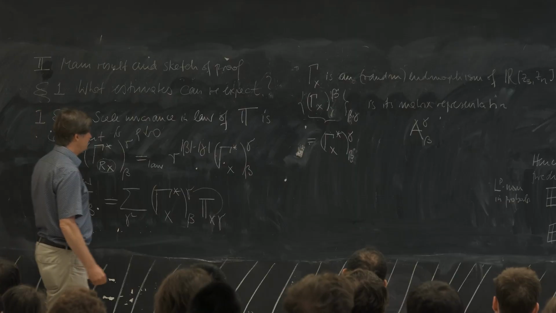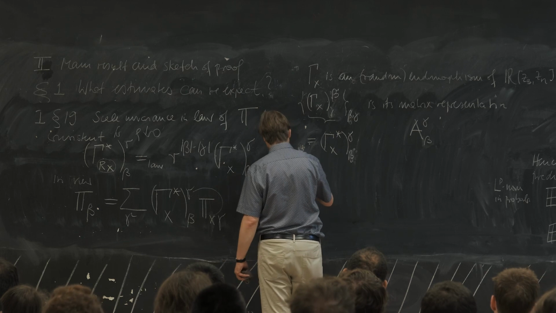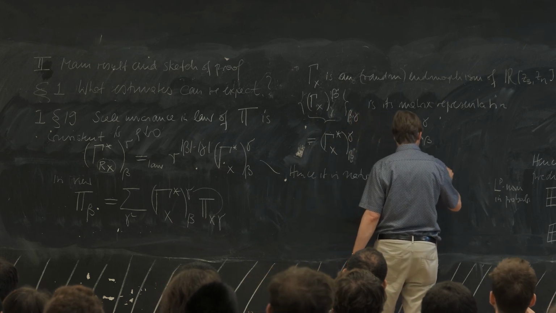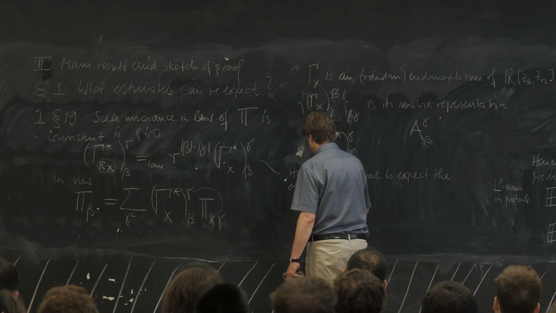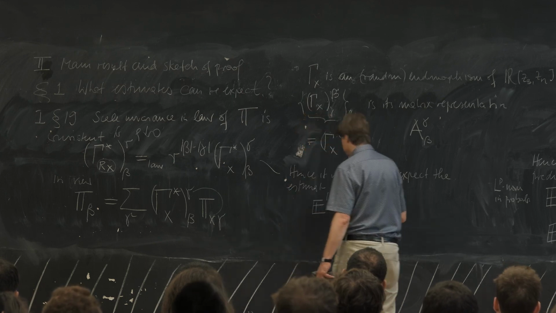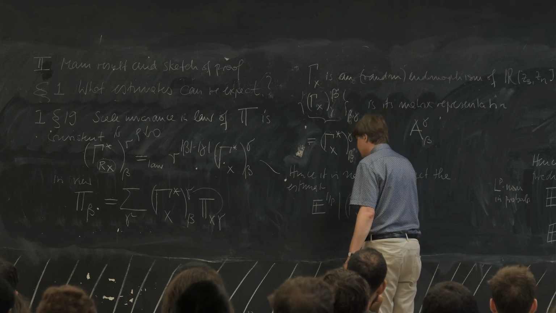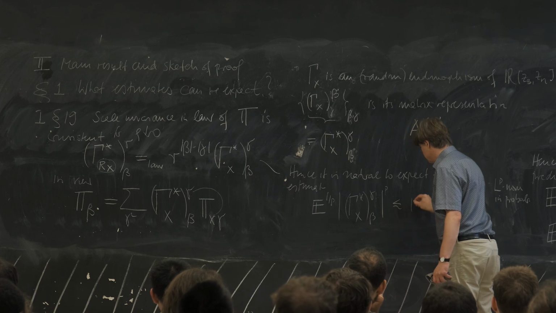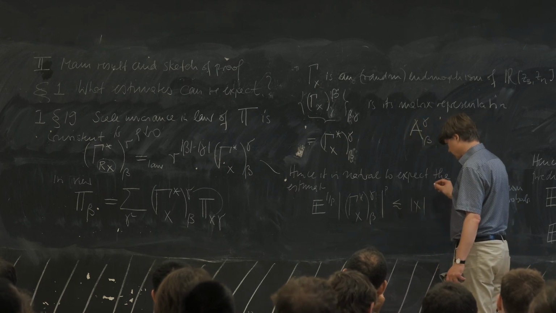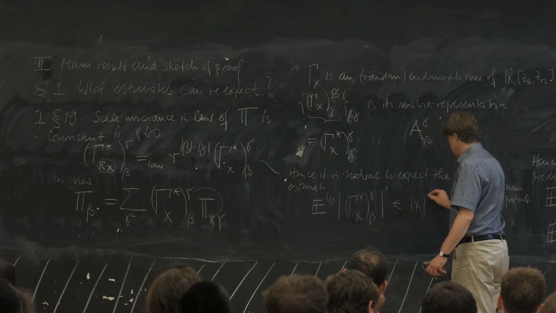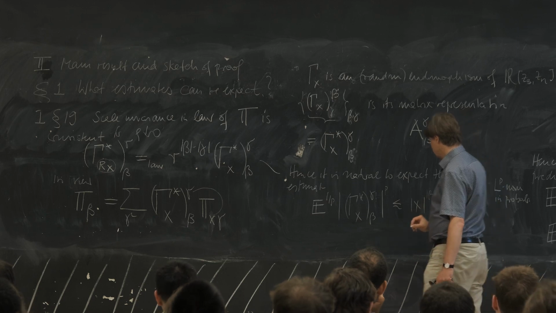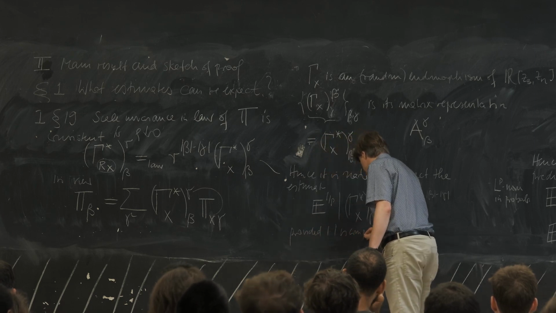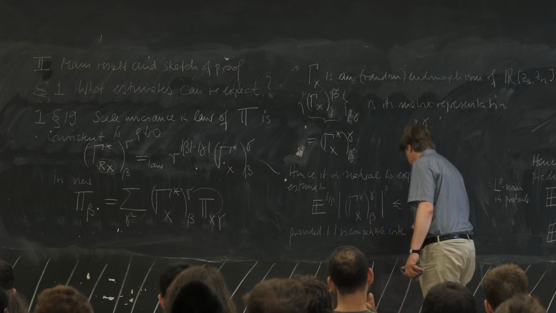And now again, from this here, it's natural to expect the estimate that, again, looking at the same type of stochastic norm of a matrix entry of this transformation, this one is estimated by the norm of x, the distance of x to the origin, to the power beta minus gamma, provided this norm is compatible with parabolic scaling.